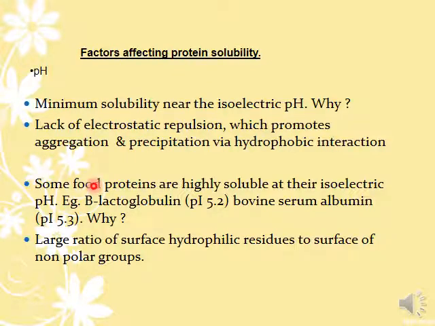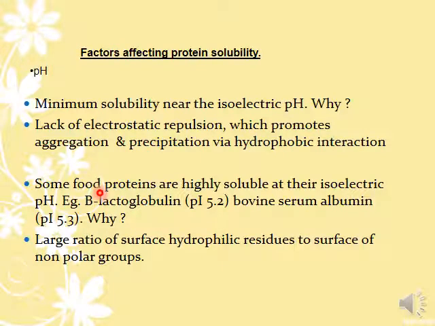However, there are exceptions. Some food proteins are highly soluble at isoelectric pH. For example, beta-lactoglobulin, in which the isoelectric pH is 5.2, and also bovine serum albumin, whose isoelectric pH is 5.3. Why is this so?